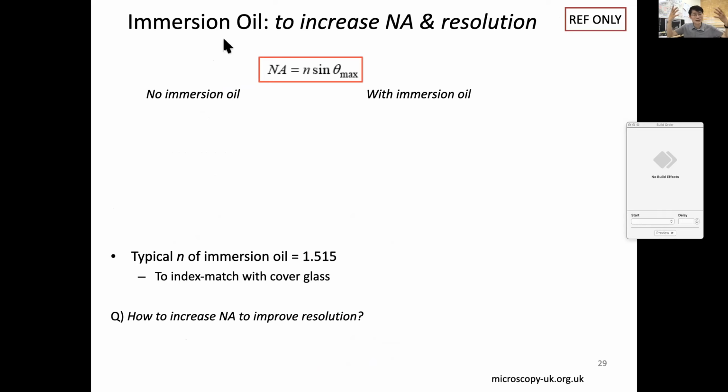But what if it's immersed in water, refractive index 1.33? What about in oil? Then it's even higher. Refractive index is 1.52. So that you can even increase your resolution by 50%. So that's where immersion oil is coming in and it can increase resolution.